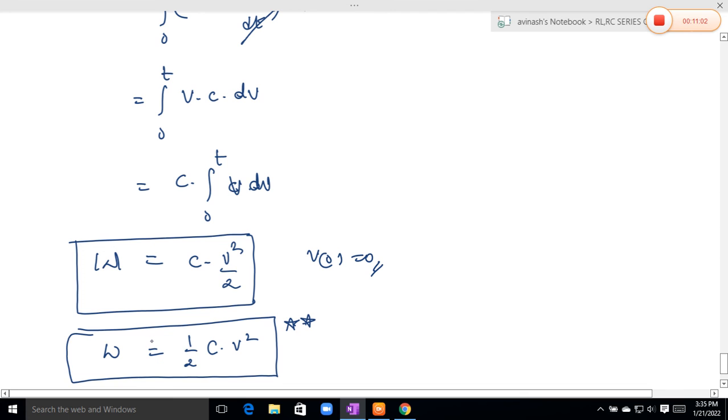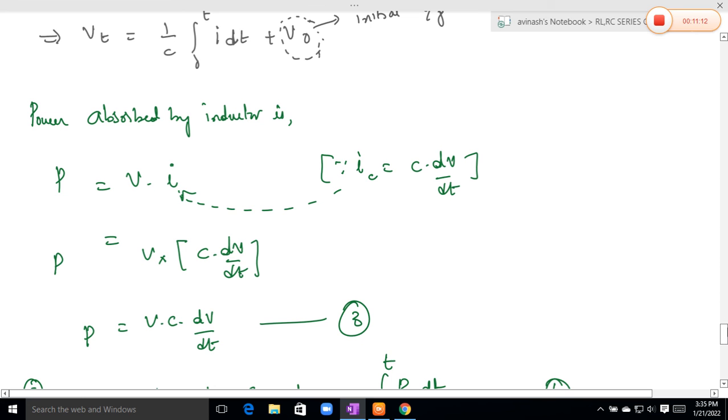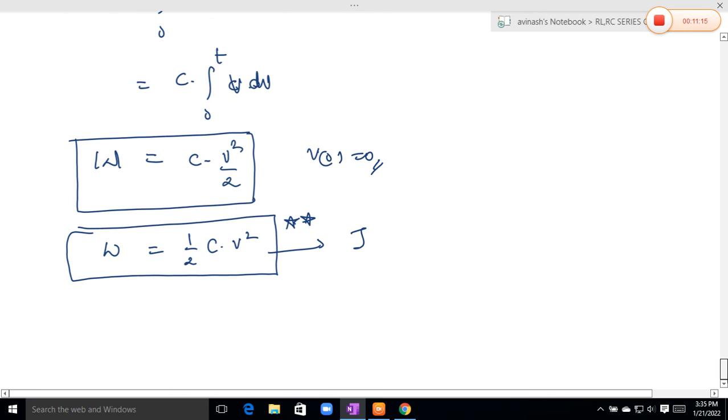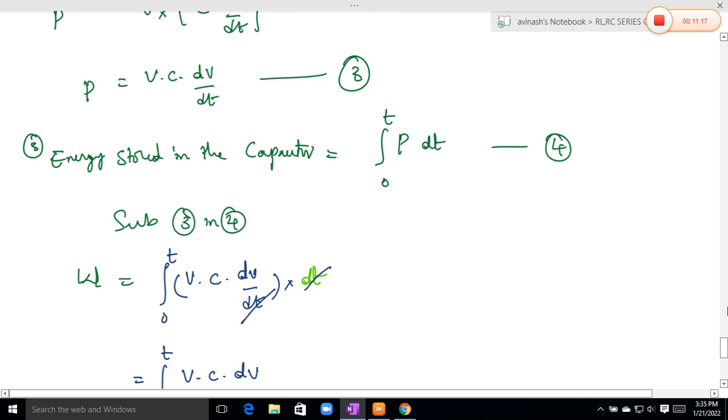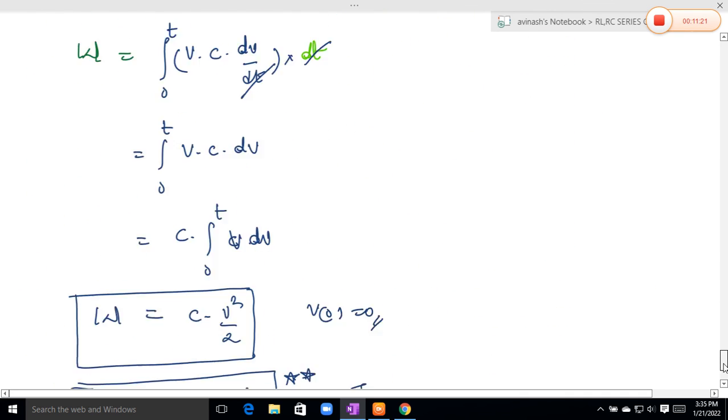I hope you understood this point. The units of this energy will be joules. Okay, I hope this is clear for everyone. Thank you.